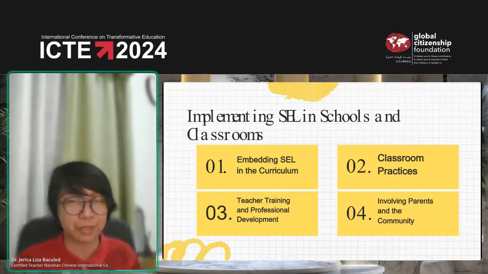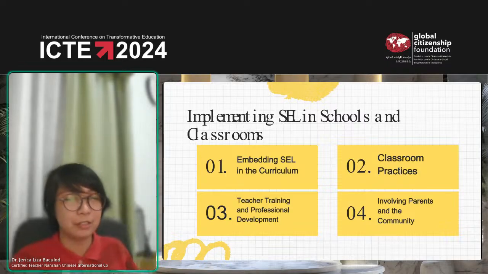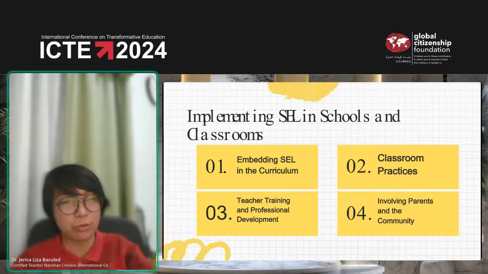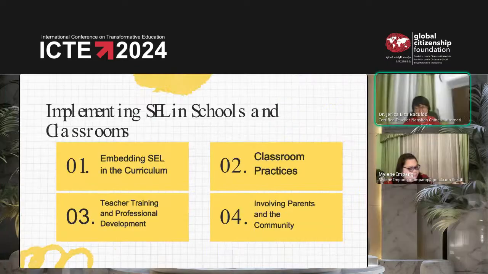There are pictures of a happy mood, a bad mood, a sleepy mood. So they enjoy choosing their mood for that day. In that way, the teacher will be able to know how they feel that morning. And at the same time, during homeroom, the teacher can adapt to what the students are feeling on that day.